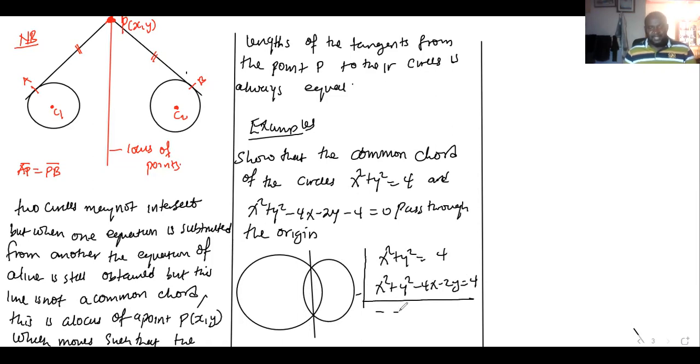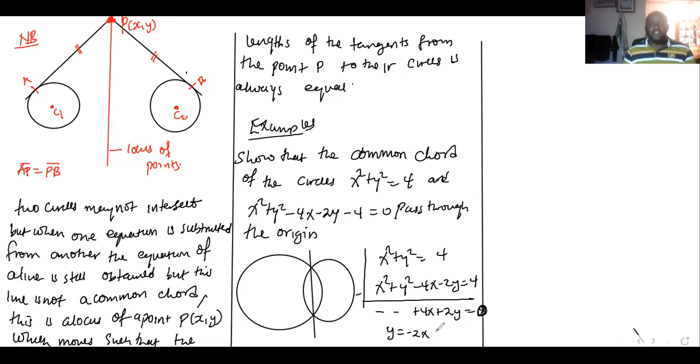So we get 0, 0 plus 4x plus 2y is equal to 8. Wait, do we get 8 or we get 0? Just 0. We are getting 0. So it means y is equal to negative 2x.